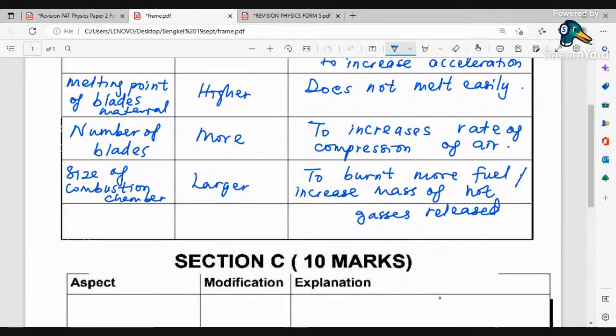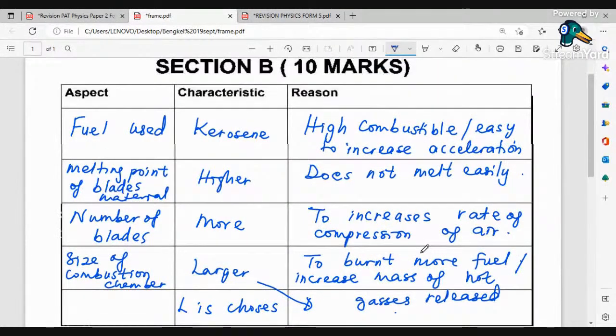So from here we get the characteristics just now. L is chosen, because you write down all the characteristics for L here. Write it again, so you will get 10 marks for this one.